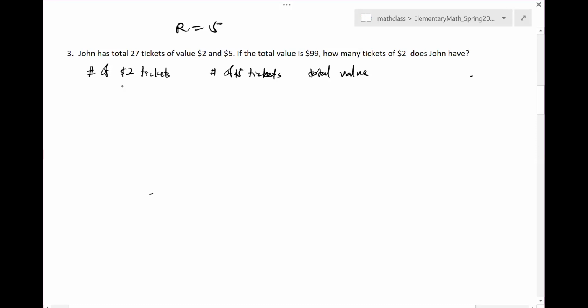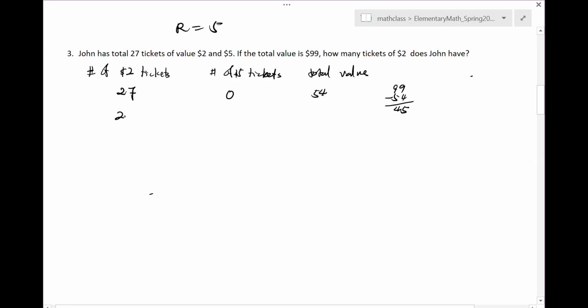So the idea is you assume that you have 27 $2 tickets, 0 $5 tickets, then the value will be 54, multiplied by 2, right? Now the difference, 99 minus 54, is going to be 45. Okay, so you have to increase $45.